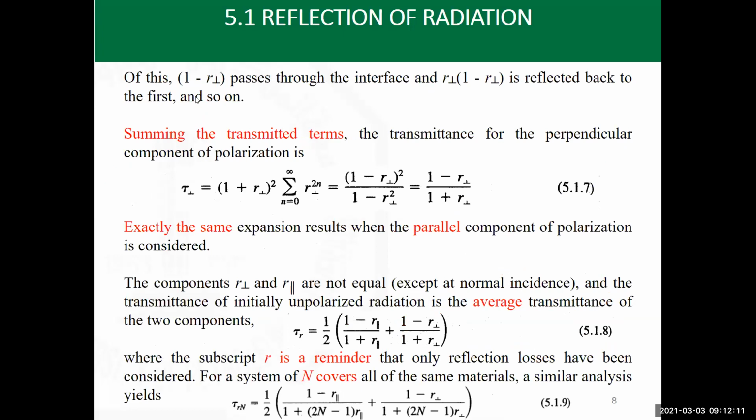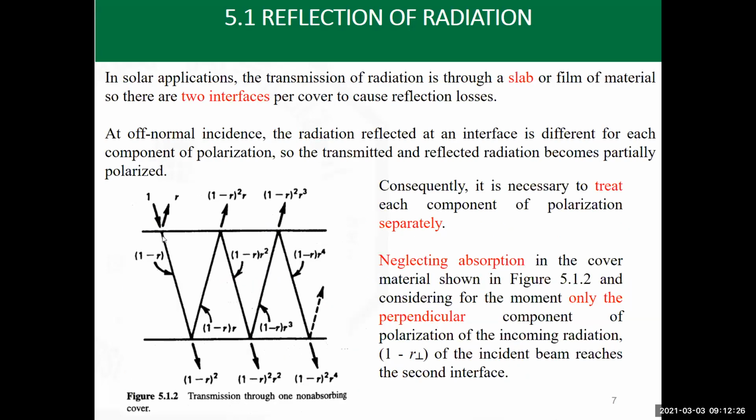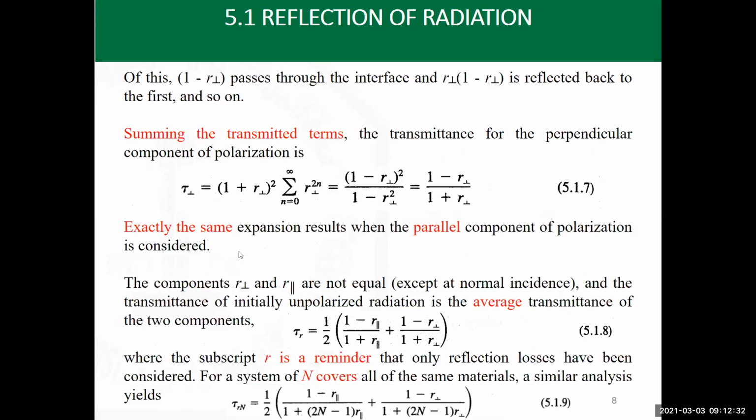Here it is explaining what would happen if you have 1 minus R normal passing through the interface. R into 1 minus R normal is reflected back from the lower surface to the upper surface. This is what we've shown here: 1 minus R is falling here, and what is reflected is R into 1 minus R. What if we have several surfaces?